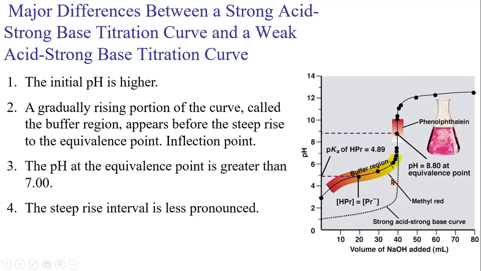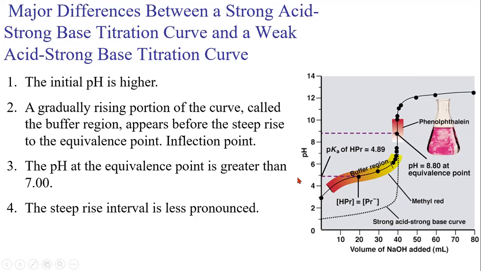However, my methyl red is actually in my buffer region, as its color change occurs between, let's say, 4.5 and 6.5. So it's more in the buffer region and not in the area where I have a sharp increase. So I can no longer use methyl red, but I can still use phenolphthalein as an indicator.